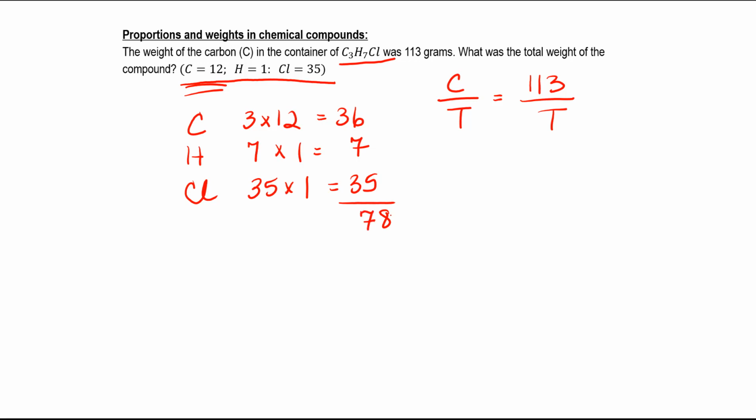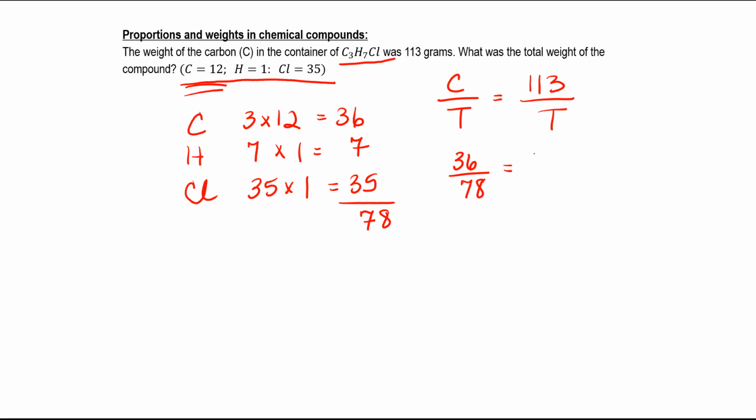So each molecule is 78, and the carbon is 36 of that 78. So the ratio of carbon to total is 36, so 3 carbon atoms over the total, which is 78.